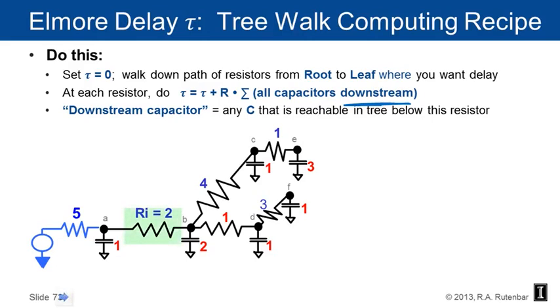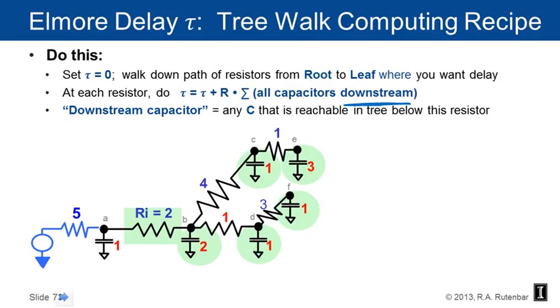All right, so let's be concrete on this example. I've got resistor Ri equals 2 between nodes A and B. What are the downstream capacitors for this resistor? The answer is the capacitors at nodes B, C, D, E, and F. So the resistor is between nodes A and B. What is the downstream capacitance?